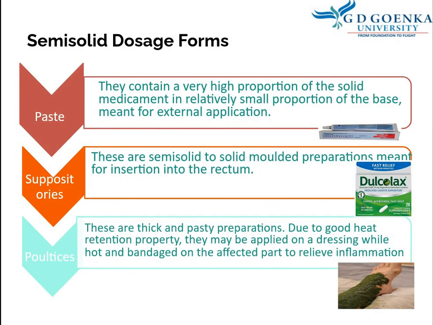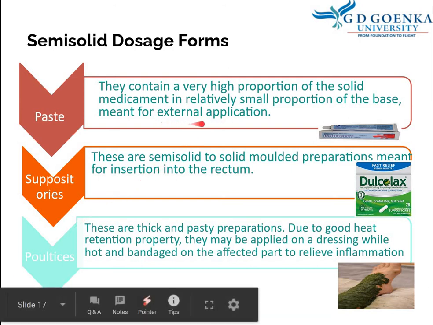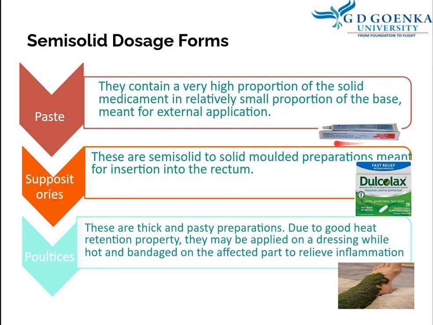The other examples of semi-solid dosage forms include pastes. Paste contains a very high proportion of solid medicament in a relatively small proportion of the base, meant for external application. This is one example of a medicinal marketed paste.